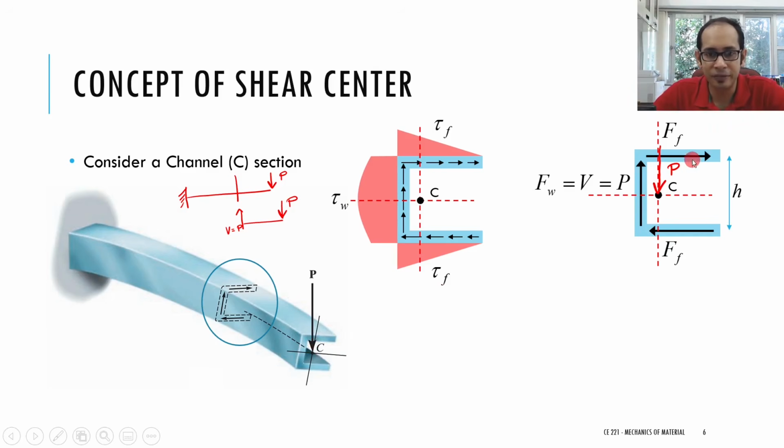This ff and this ff form a positive couple, like this over here. Similarly, this force and this force, equal and opposite, separated by a distance, also form a couple. So as a result of this overall couple, you are getting that amount of twisting.